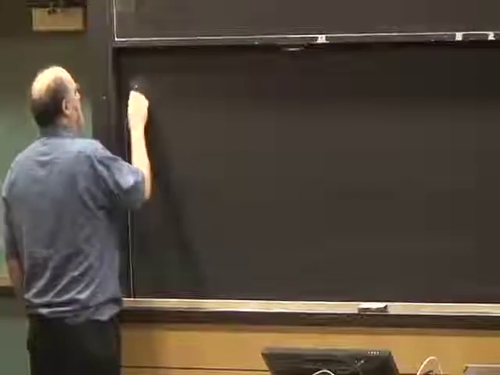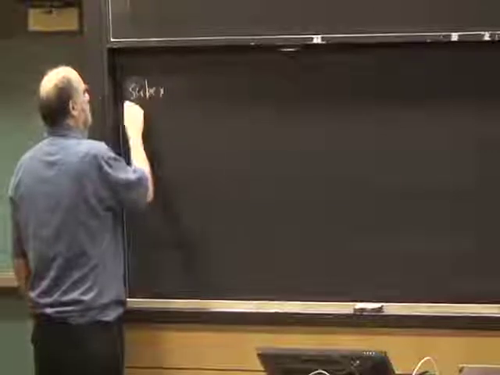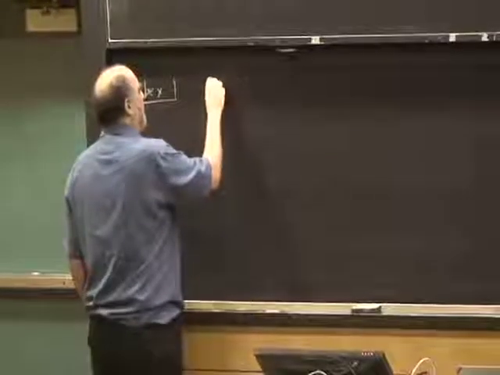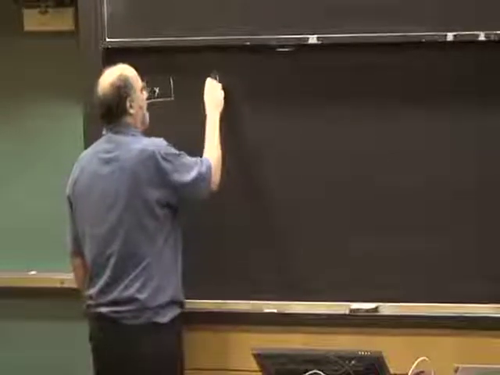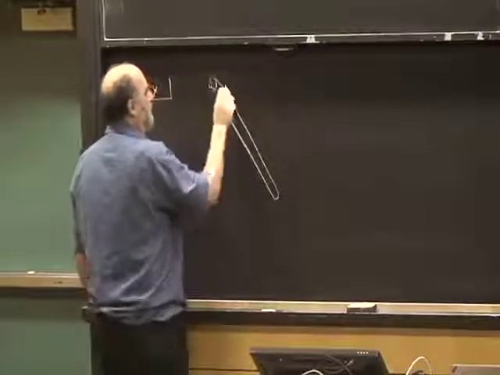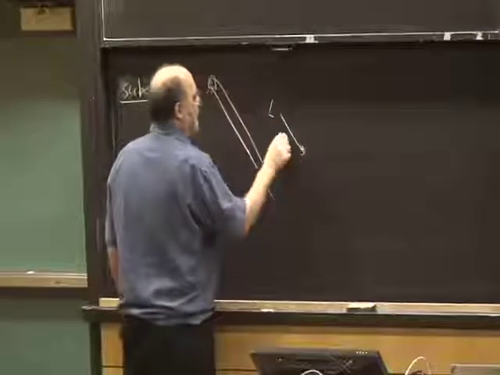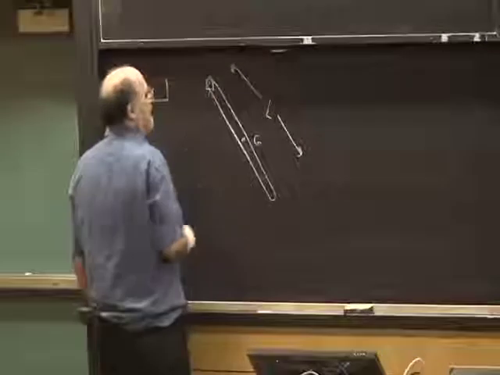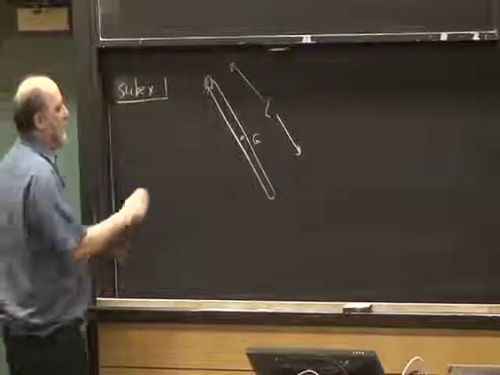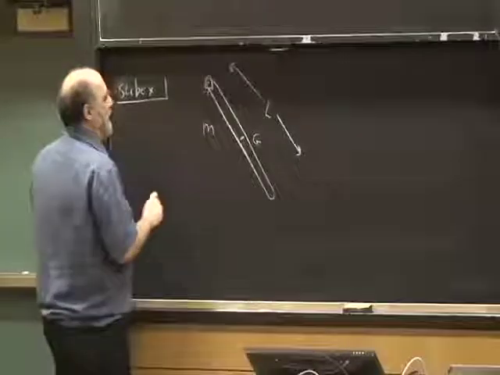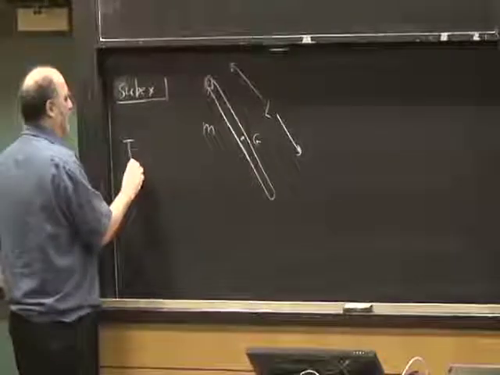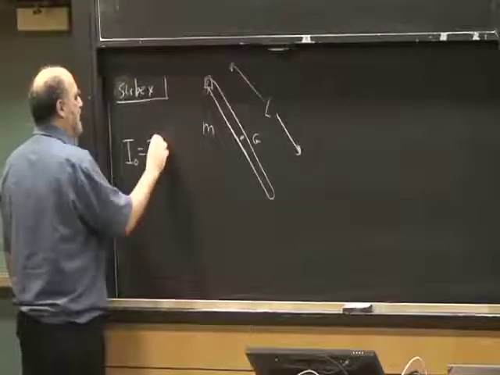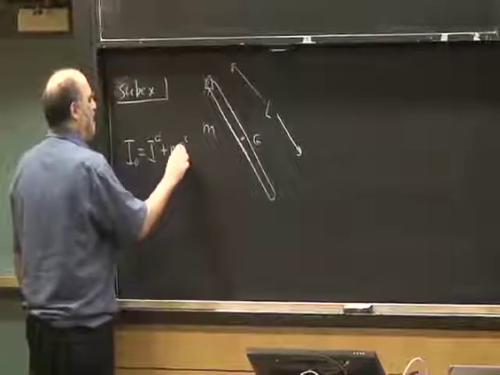Okay, let's just do a sub-example. Take a uniform stick. The uniform stick has length L, and here is G, and G is down here a distance L over 2, and this thing has some mass. For this problem, we have that I0 is equal to Ig plus ml squared.